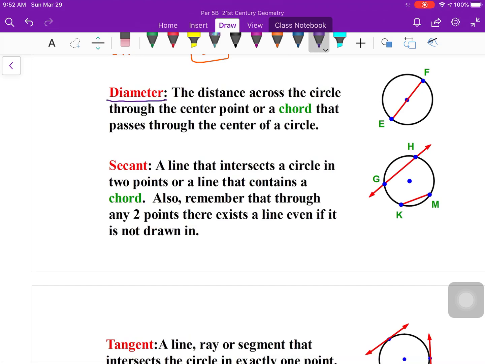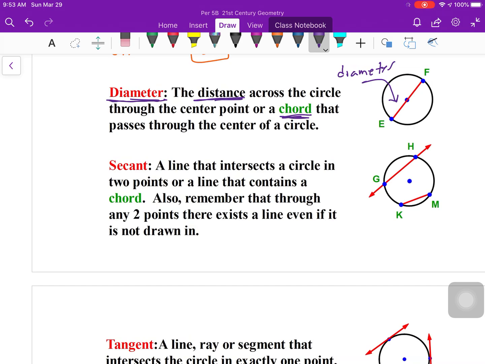Okay, the next one. The next one's one you've probably seen before. The next one is diameter. And a diameter, like a radius, can be either a distance or it could be a segment. And that segment would then be a chord. So a diameter can actually be thought of as a special chord. It would be a chord that has to pass through the center of the circle.